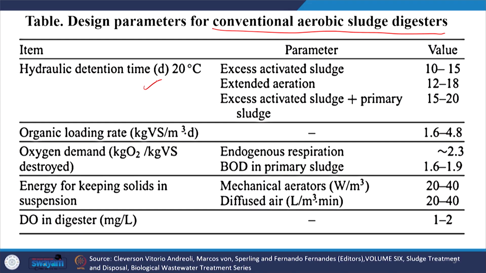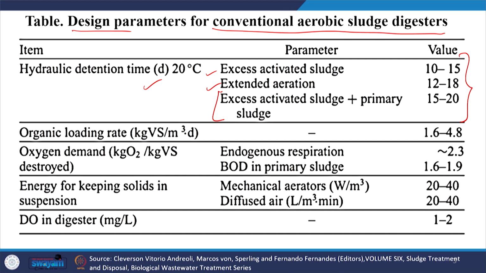For hydraulic detention time, depending on whether it is excess activated sludge, extended aeration, or excess activated sludge plus primary sludge, the values may range from 10 to 15, 12 to 18 or 15 to 20 days.